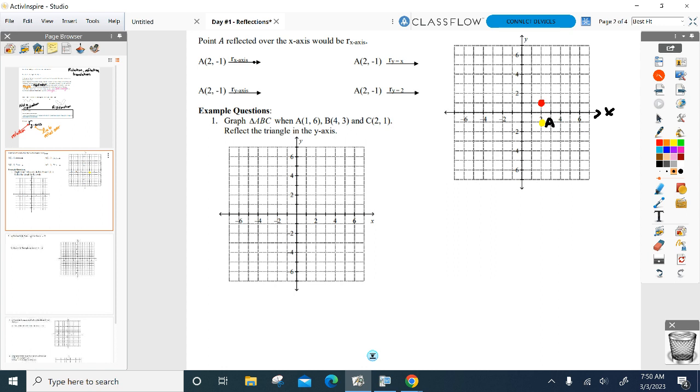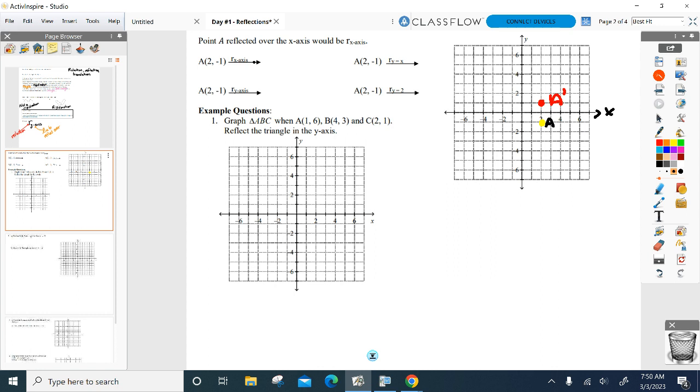Now, I can't call that point A anymore. Here's point A. Anybody remember your middle school days, how when I reflect, rotate, translate something, what I called the new point? Not lowercase a. I'm still going to call it A, but with prime. It's called A prime. That means something happened to that point.